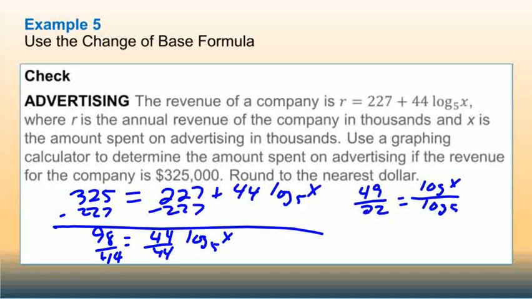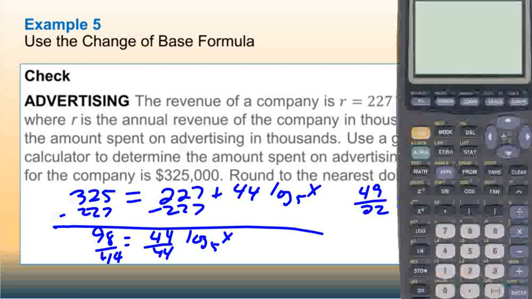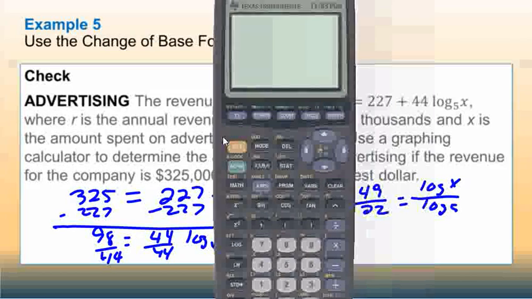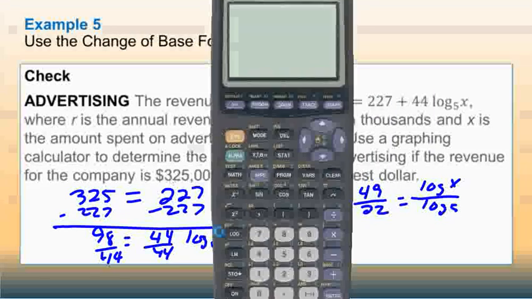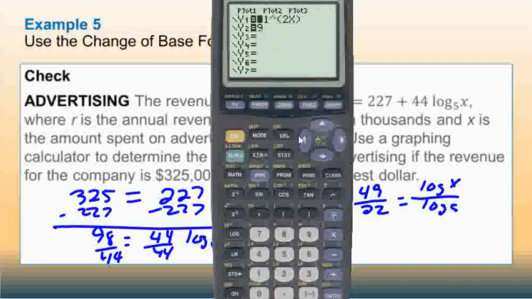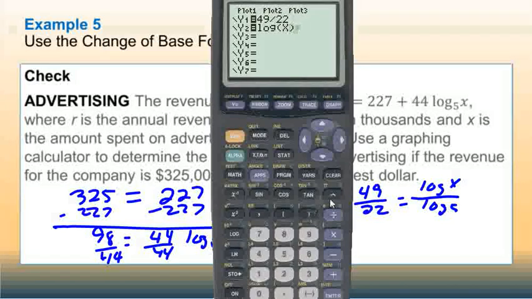Now we're going to use our calculator here. So the y equals, let's clear what I have in here. This first one, we're going to do 49 divided by 22. The other one, we're going to do log of x divided by the log of 5.